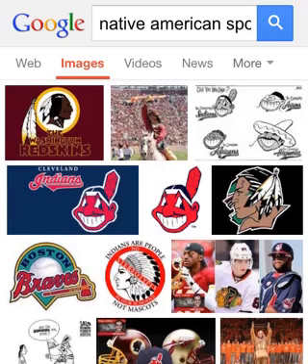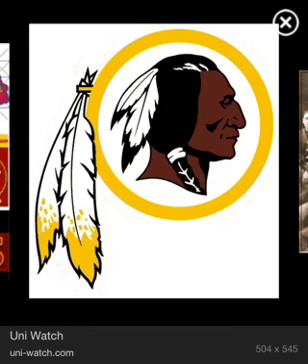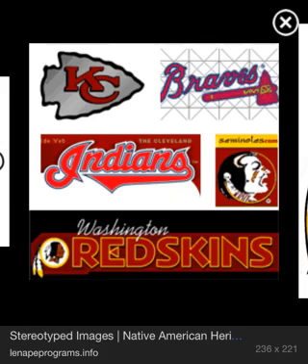So let's go back. Take a look at some more logos. Here's a good one. Here we have a few American sports teams. Here we have the Kansas City Chiefs logo.